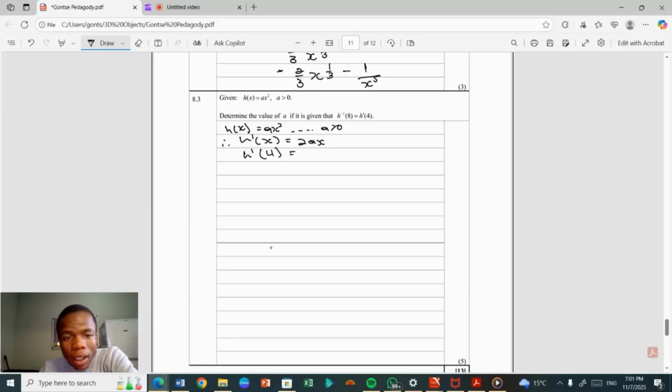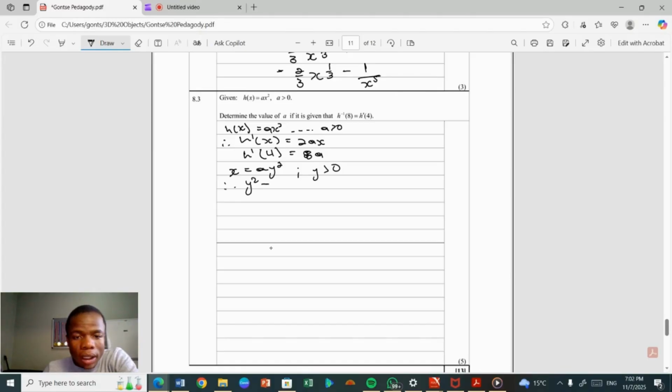Then from here, h of 4 is equal to, you just substitute your 4 here. 2 into 4 is 8, we all know, so 8a, right? Then the inverse: you have x is equal to ay squared, right? Then you just say y is greater than 0.